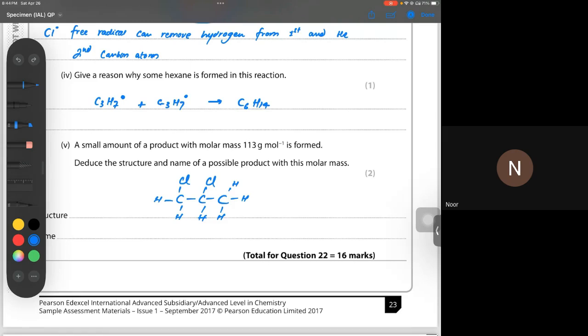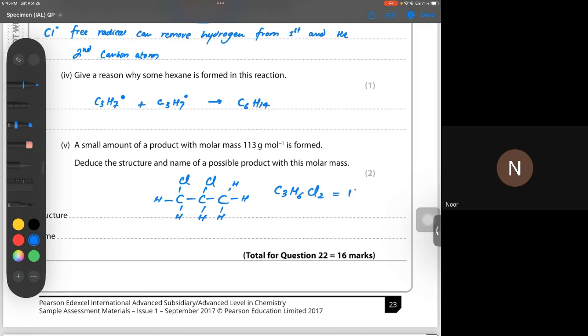Noor, can you tell me the molecular mass of this compound? Is this 113? No, it's not 113. Yes, yes, C3H6 and Cl2.